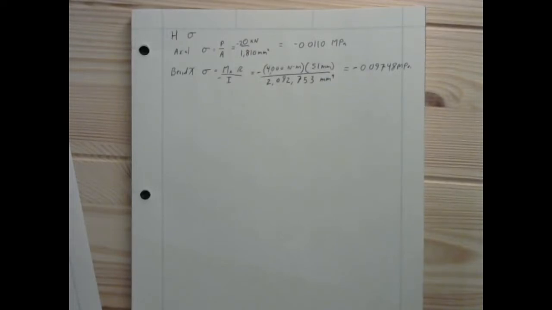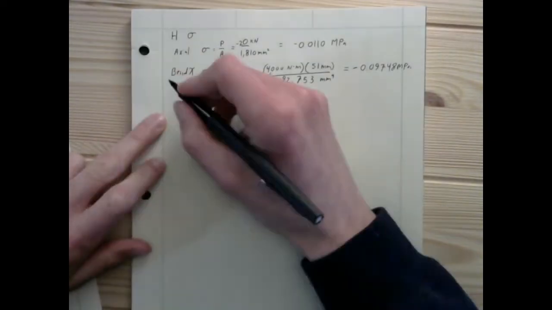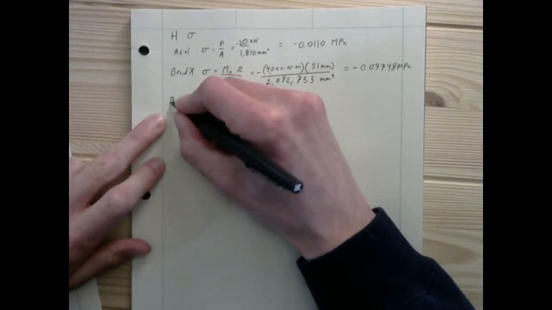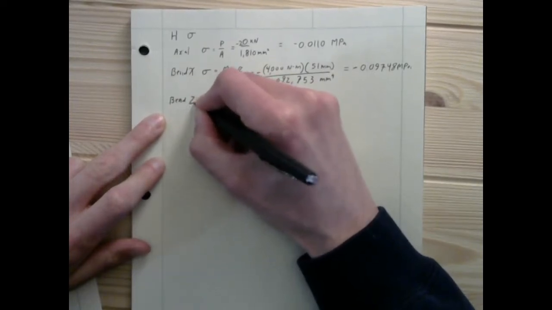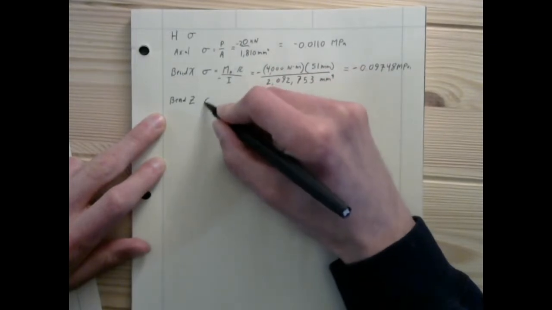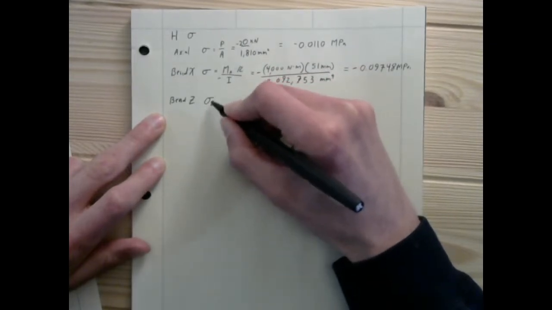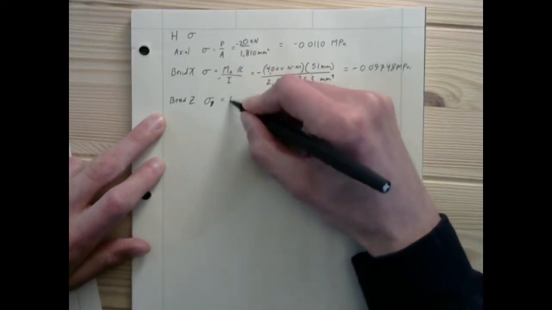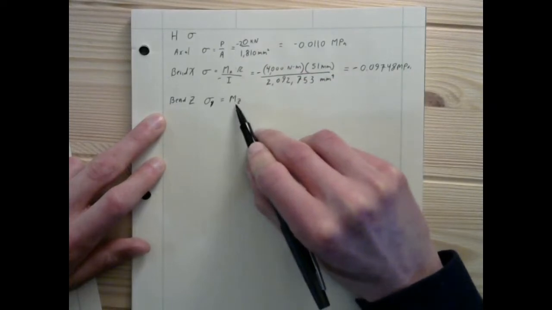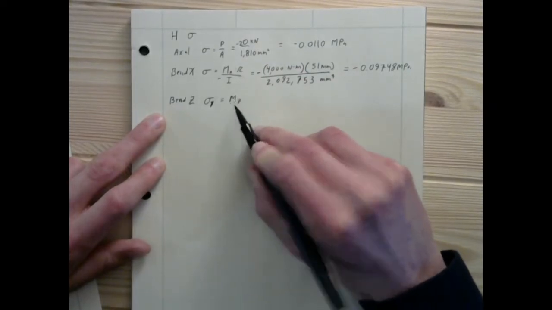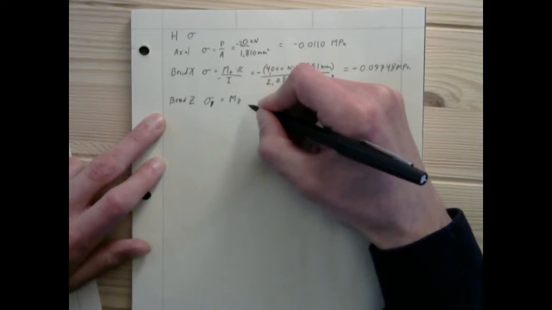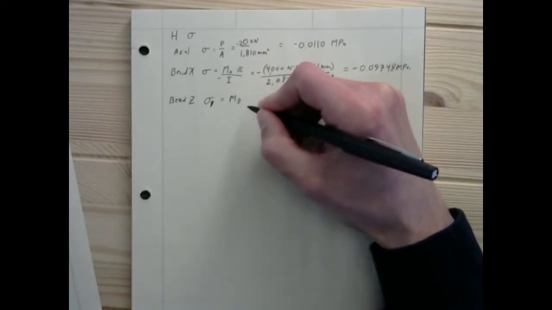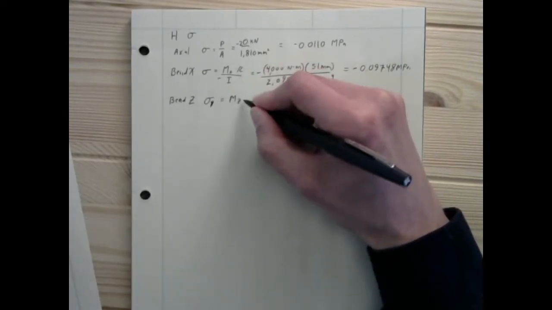Now, bending about the z-axis is also something we need to think about, because we do have bending moment about the z-axis. However, when we do that one, it's going to still be normal stress in the y direction. The moment about z is going to be something. But our distance, in the case of moment about the z-axis, it's going to be x.